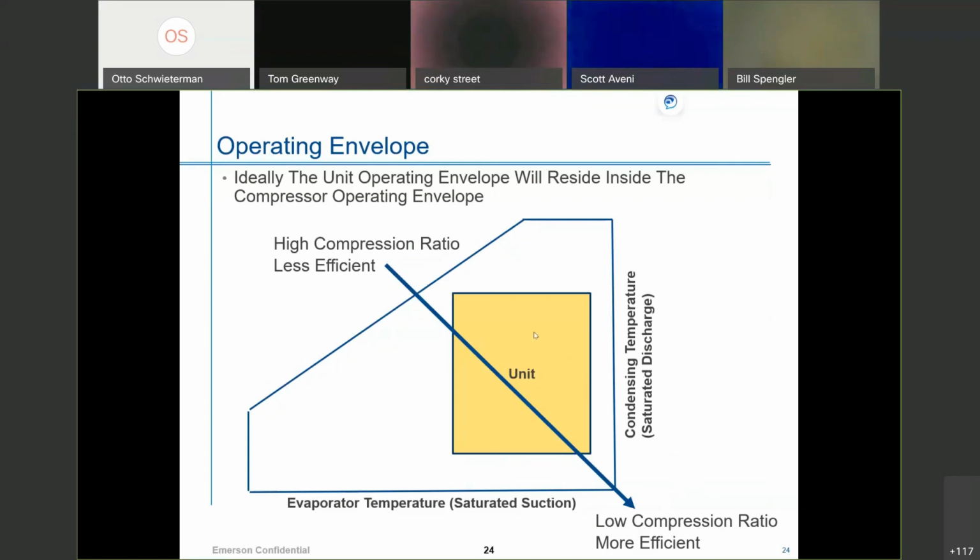This is important to note because how the OEM sizes their coil is going to affect what that compression ratio is. So let's say you have a coil that simply wants to do the job and cool the space and is not as worried about efficiency. In order to get that 55-degree supply air temperature, that cooling coil for that rooftop unit may have a 42-degree evaporator temperature.